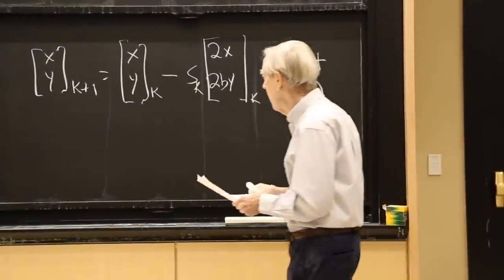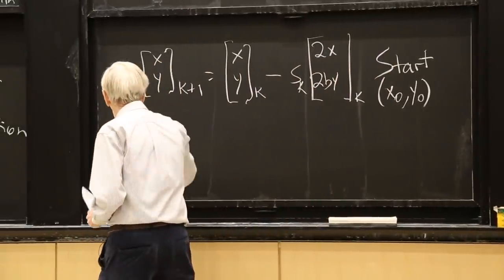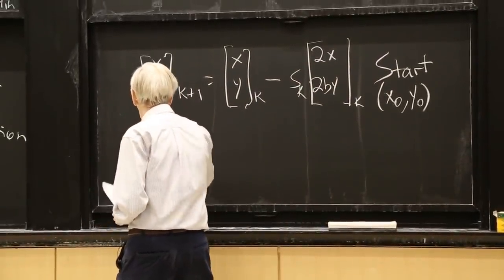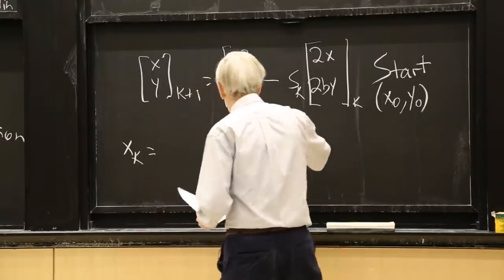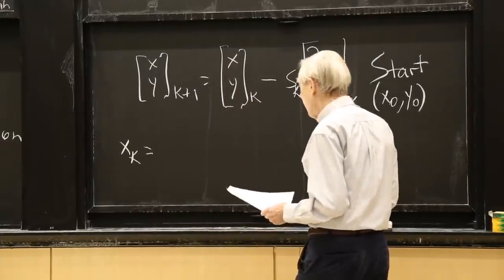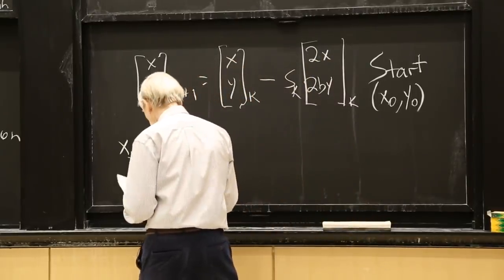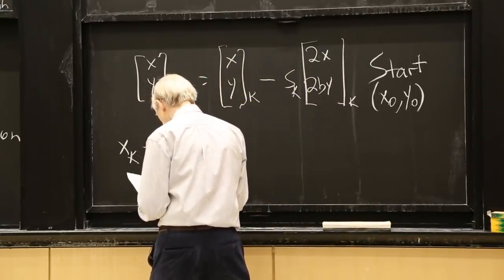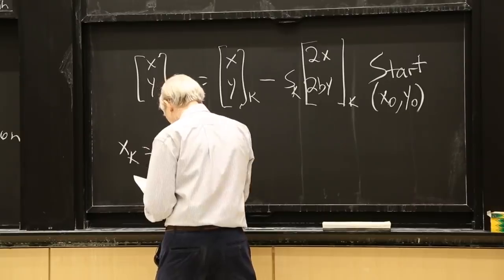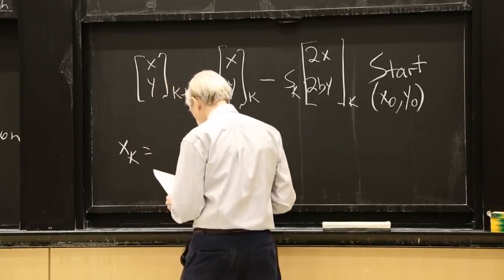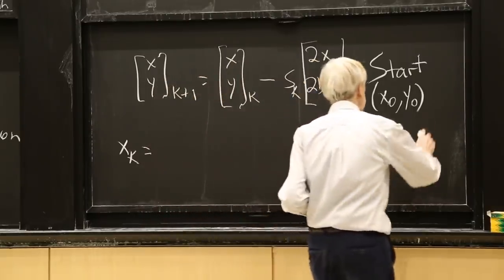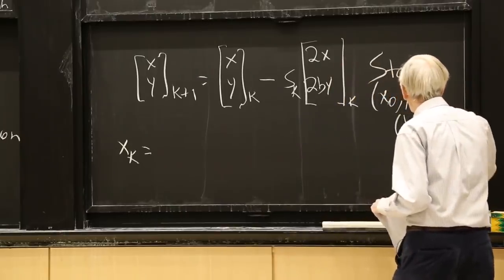So okay, so here are the x_k's and the y_k's and the function values. Where am I going to start? I'm starting from the point x0, y0 equal b, 1.